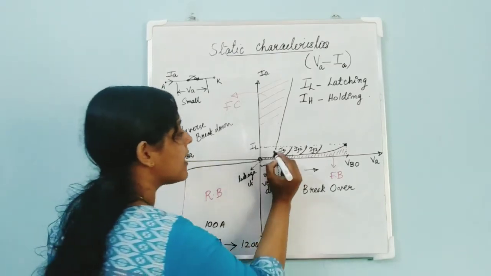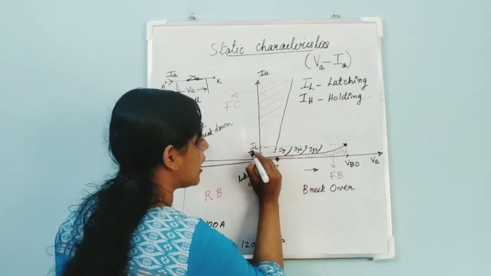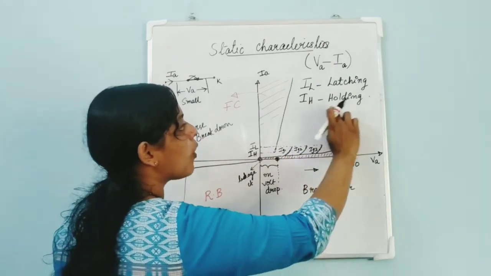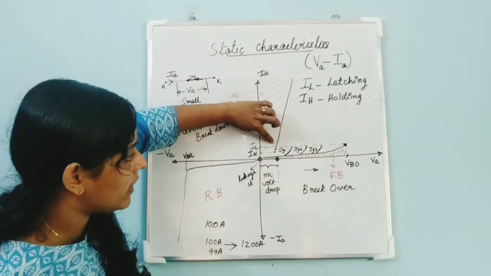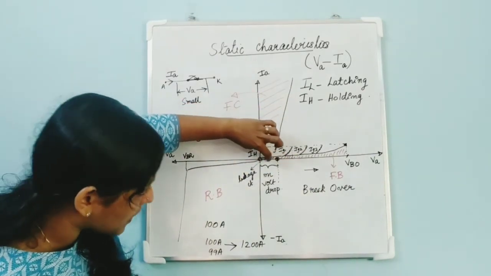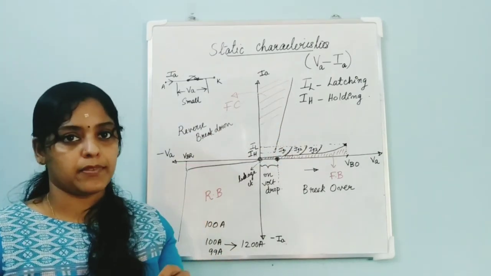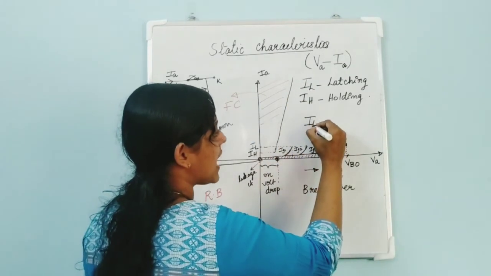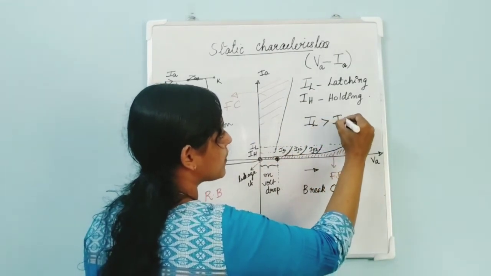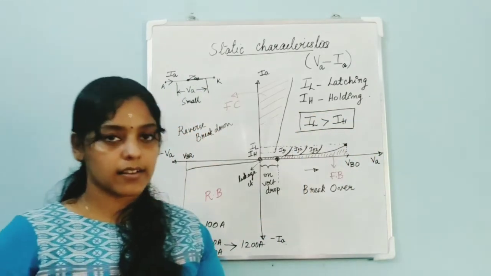Okay, but the device will be turned off when it goes below a particular value, which we call by the name holding current. Whenever the current decreases and goes below this holding current, the SCR will be turned off. And from the graph itself, it is clear that your latching current is greater than the holding current.